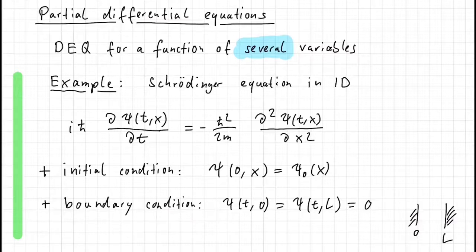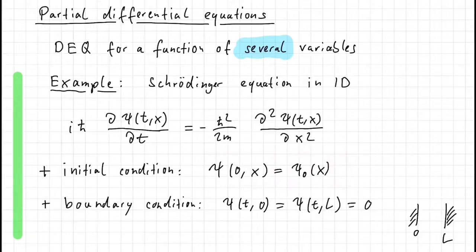In this example, we can have an initial condition. And this initial condition is written here, which says, just an example, that at time t equals 0, the wave function had a particular form. So this is just saying that at time t0, I start in a certain wave function.